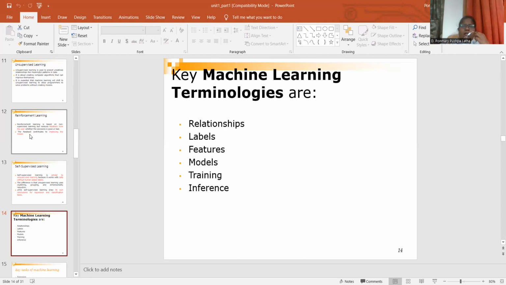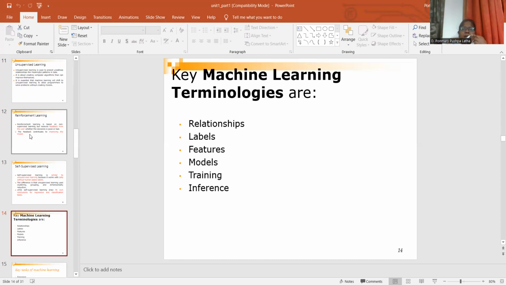Okay, the eye colors, like that. So models, you have to build the model. That is, you are going to say that in July we'll get rain, December will be very cold, May will be very hot. Like that, based on experience, you give the model.